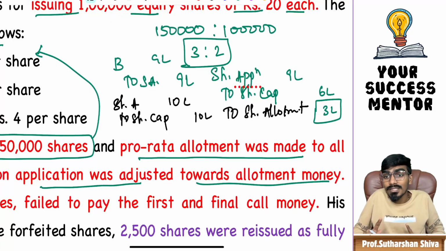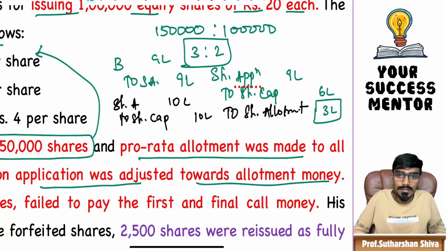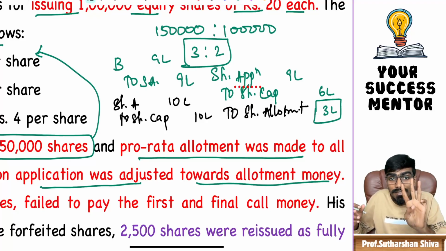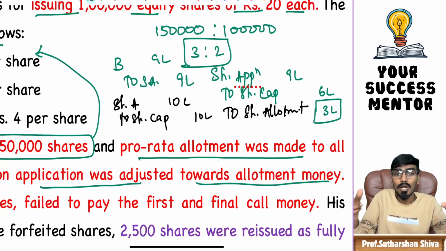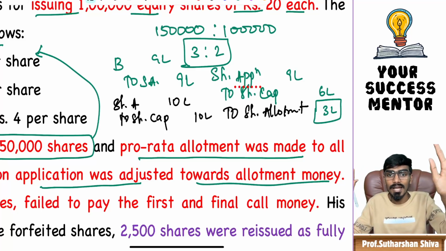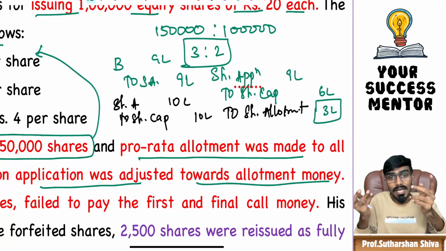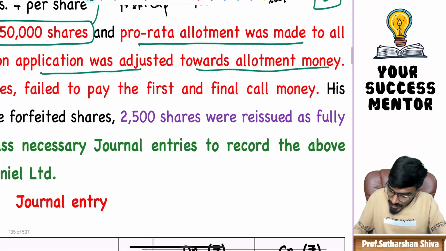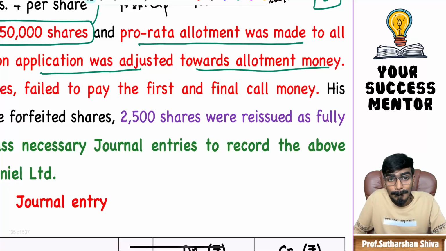Correct. How much excess do they have? 3 lakh. That 3 lakh will be adjusted against 10 lakh. Now my debit balance is just 7 lakh. Debit 10 lakh, credit 3 lakh, so the debit has only 7 lakh. That's the net impact.